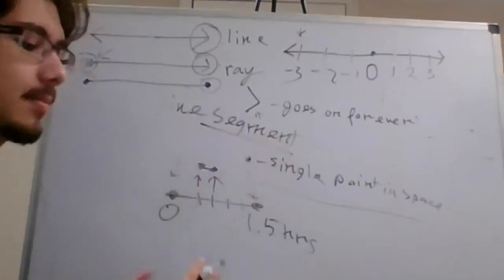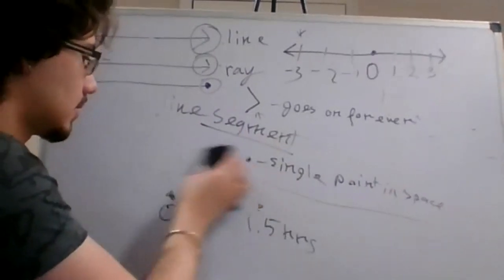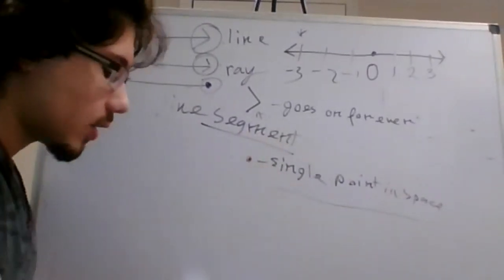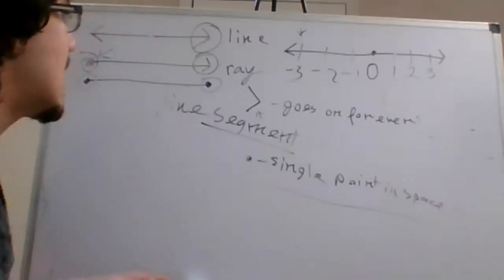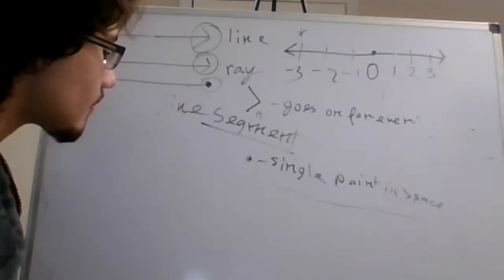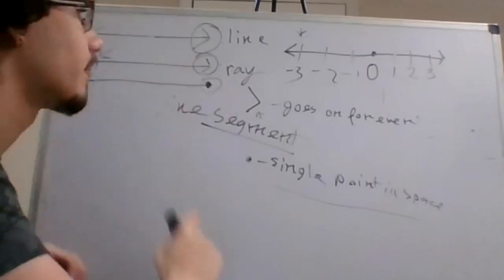That's where the term segment comes from. The way that we would describe a segment in math is that it is the length of a line that extends from one point to another.